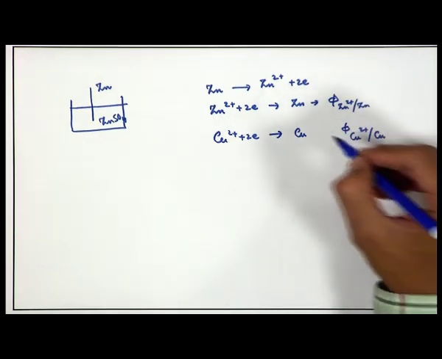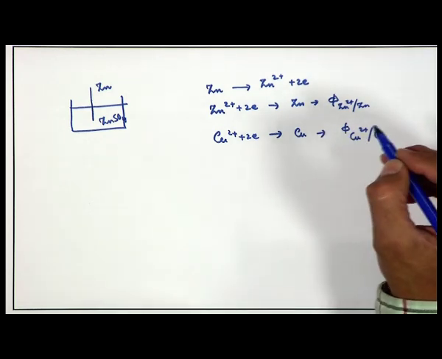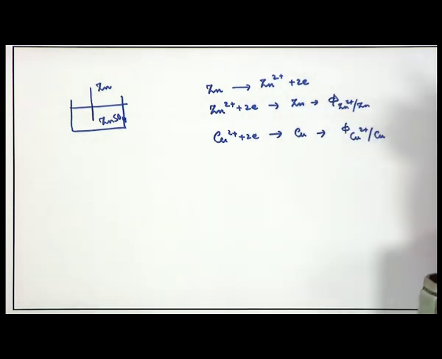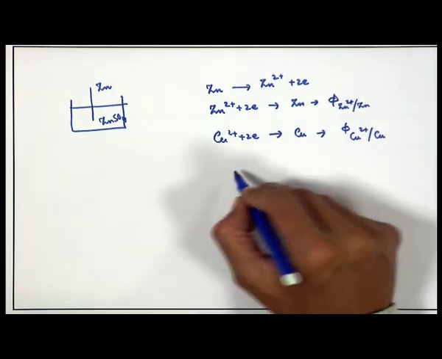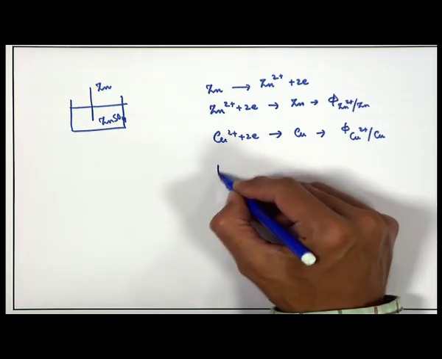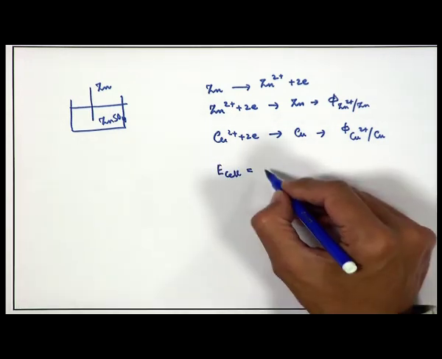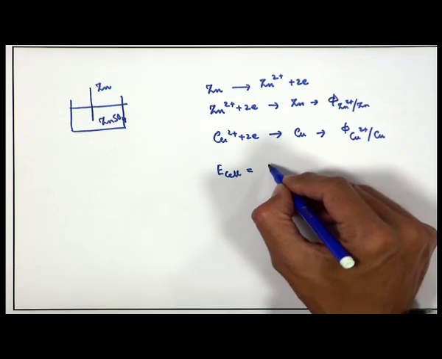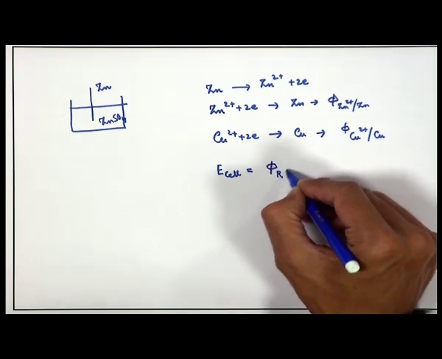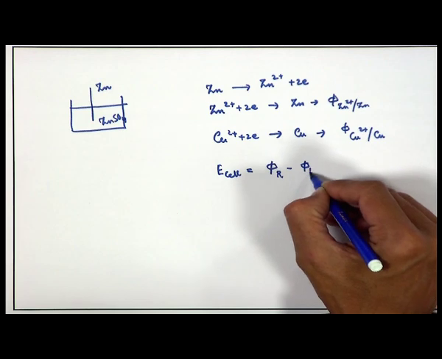So, therefore, in order to express the cell potential, what you have to do, that E cell will be equal to phi right minus phi left.